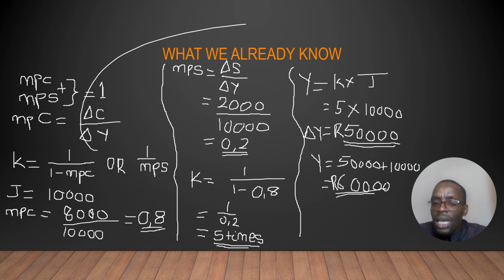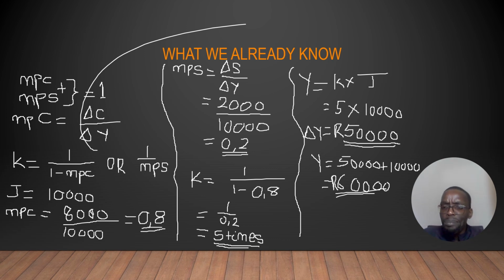We calculated the change in national income to be 50,000, and then we add it to the original amount that we had before the injection of 10,000, and we realize that now the size of our national income is 60,000.